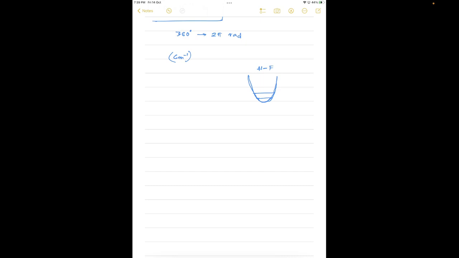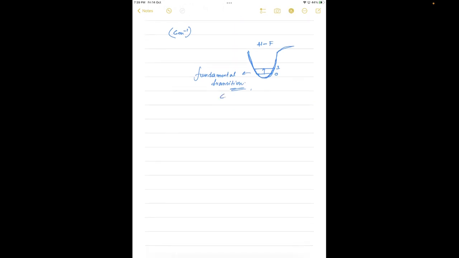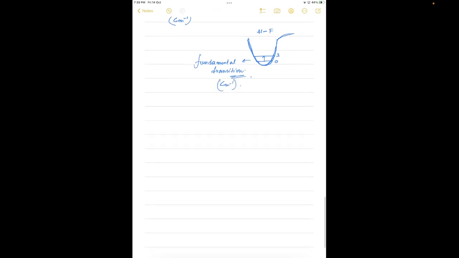Let's assume HF as a Morse type oscillator, and it has a 0 state and a 1 state. So 0 to 1 transition is called the fundamental transition. It is expressed in, let's say, centimeter inverse unit. Centimeter inverse means it is expressed in wave number unit.